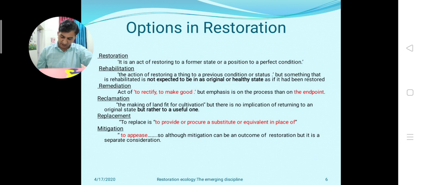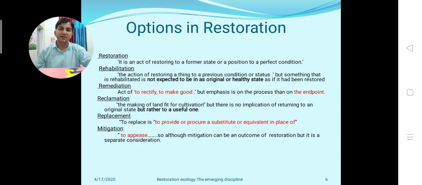In rehabilitation, it's a very simple thing that can be said: it's an action of restoring a thing to a previous condition or status. This appears rather similar to restoration, but there is little or no implication of perfection. So, in rehabilitation, perfection is not looked after, but the process is important.